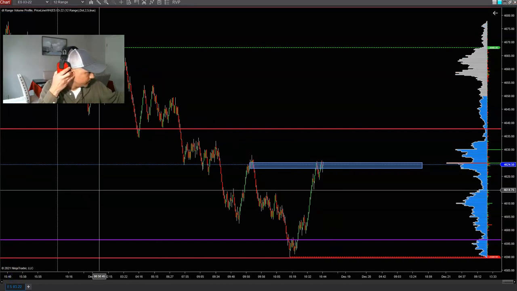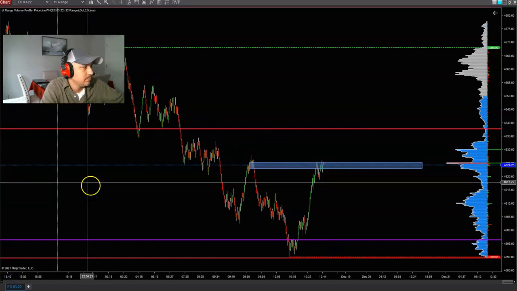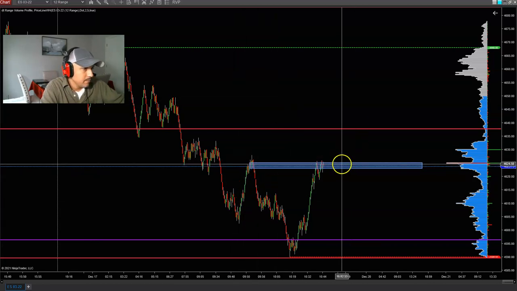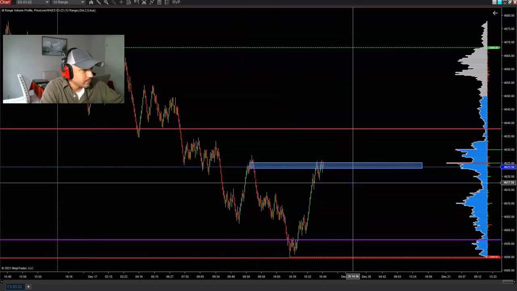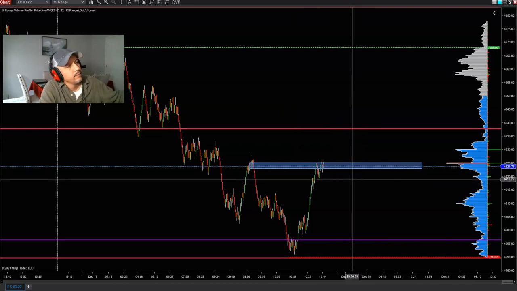All right, so price snapped right back up to that high volume area. You see that there. So far, it's not wanting to push any lower.